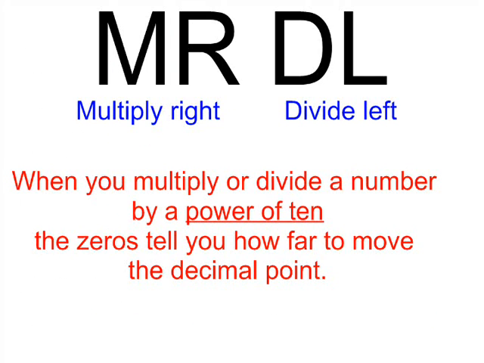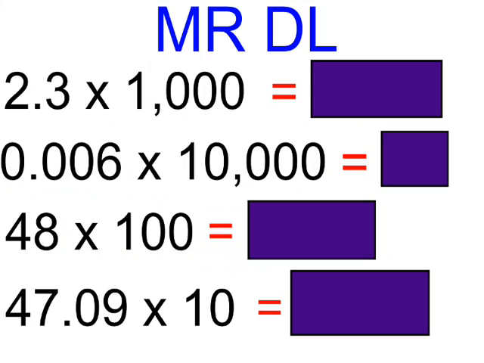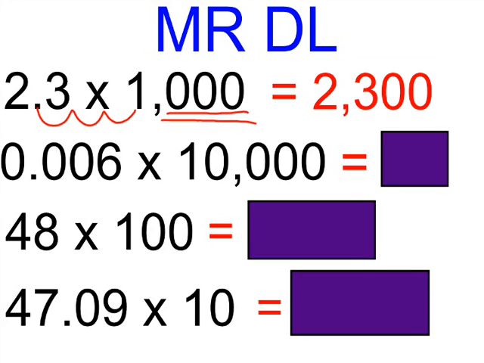Okay, so if you remember, when you're multiplying or dividing by powers of 10, the zeros tell you how far to move the decimal point. For example, when you're multiplying times 1,000, there are 3 zeros, which means you would move the decimal point 3 spots.